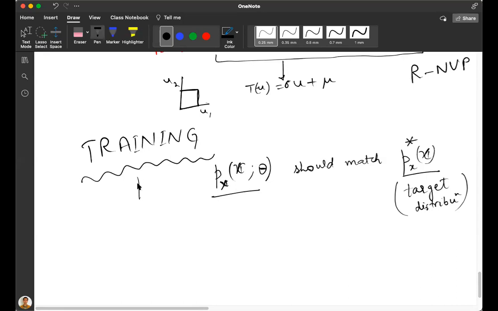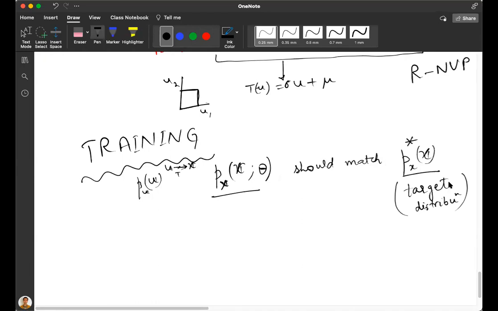You have some P_u and you transform your u using some T to x and you obtained this. So this is a parametric form, right? Where theta are the parameters. And you want this distribution to match the target distribution. So just to be clear, theta are the parameters of T, right? Yes. Okay, thank you, sir.